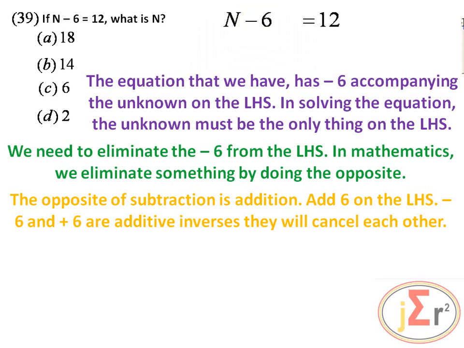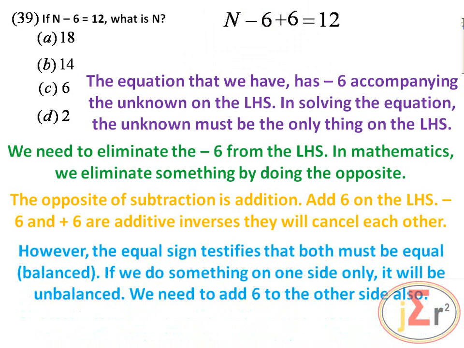So the opposite of subtraction is addition. Add 6 on the left-hand side. Negative 6 and positive 6 are additive inverses. They will cancel each other. So we add 6 on that left-hand side. However, the equal sign testifies that both sides must be equal.